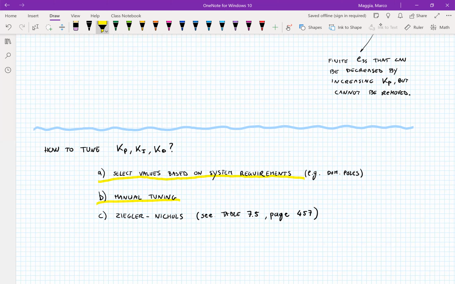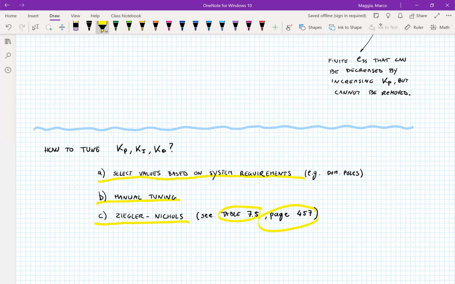A third option is to use the Ziegler-Nichols method, and it gives you some estimate for these coefficients. You can see that in table 7.5 at page 457 of your textbook. So I'll give you some guidelines on how to choose these parameters. Again, it's not phenomenally important.